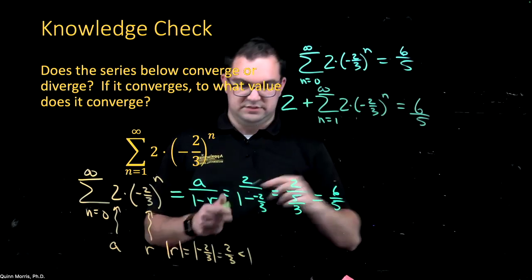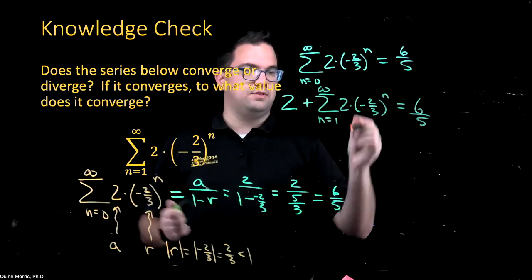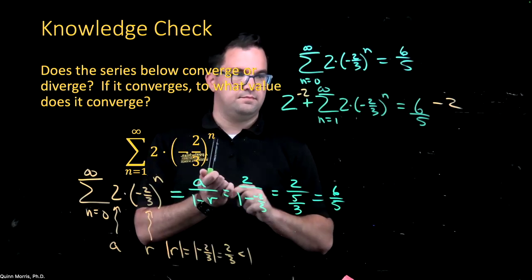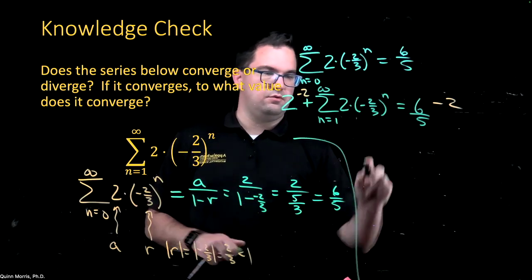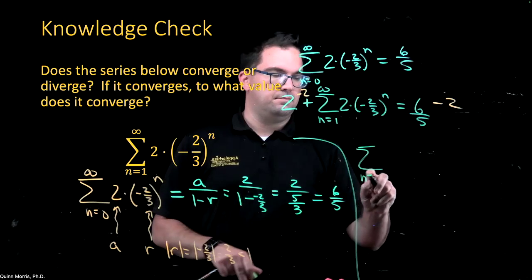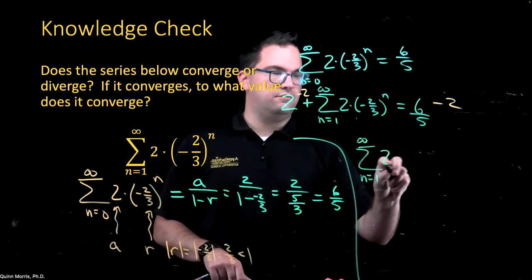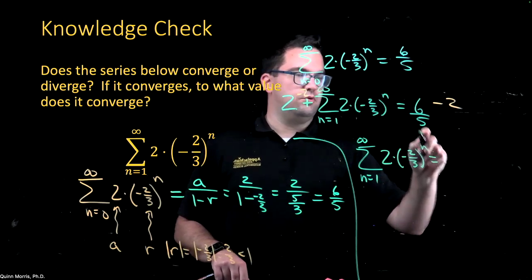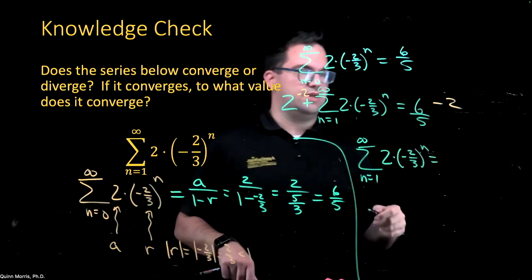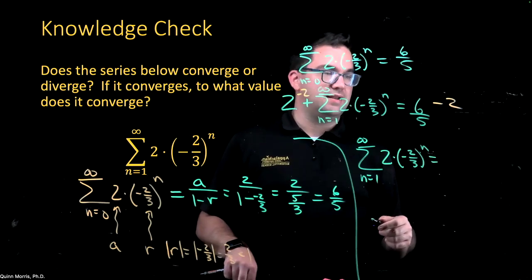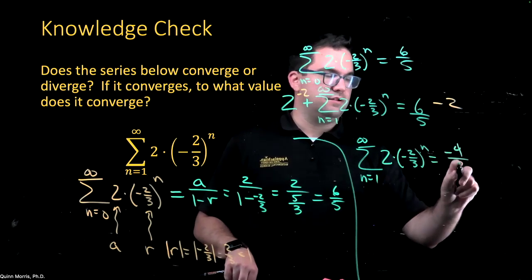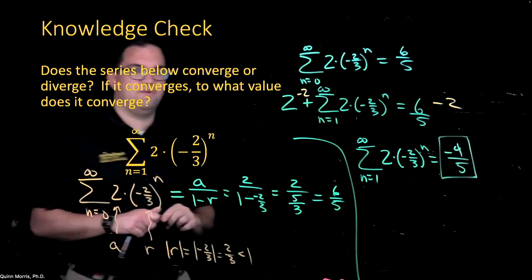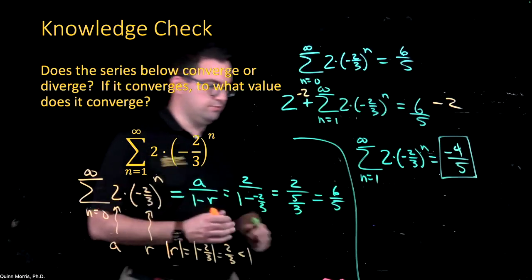That's equal to 6/5. And now I simply subtract 2 from both sides. And that's going to leave me with the sum n equals 1 to infinity of 2 times minus 2/3 to the n is equal to 6/5 minus 2. That's the same as 6/5 minus 10/5, which will give me negative 4/5. And so negative 4/5 in this case is my final answer.